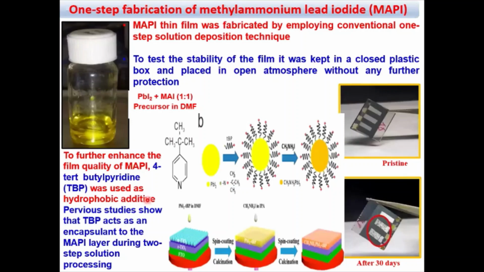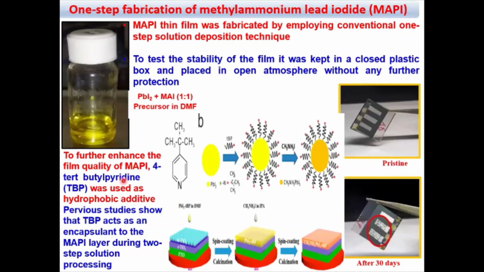Over the perovskite layer, there is another layer, an encapsulant layer made of 4-distributyl, which avoids moisture coming in contact with the perovskite layer and safeguards it from oxidation or any degradation. So this is the kind of layer. Structurally everything is close to nanometer scale, but to avoid degradation we have used this 4-distributyl.